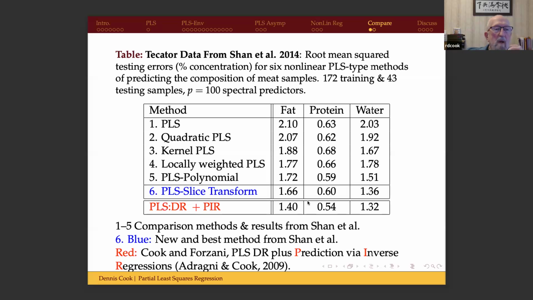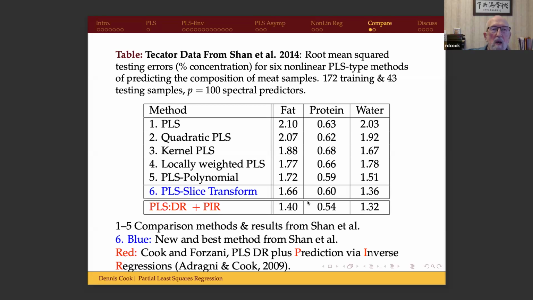And that method he compared to 5 methods he got from the literature: partial least squares, quadratic partial least squares, kernel partial least squares, locally weighted partial least squares, and partial least squares polynomial, all distinct methods from the chemometrics literature. He invented a new method that's kind of like sliced inverse regression, and they call it PLS sliced transform.